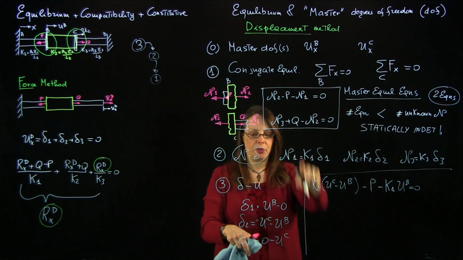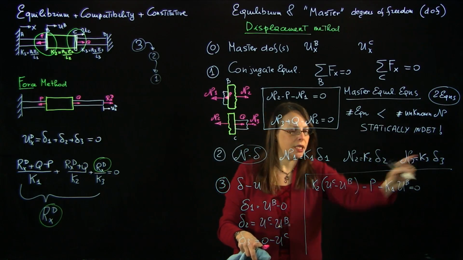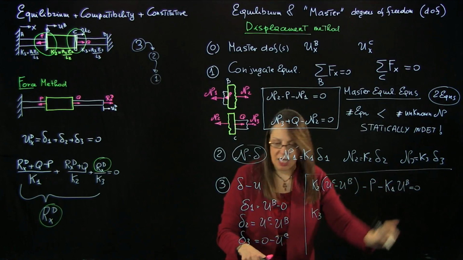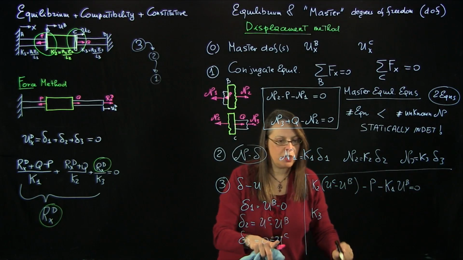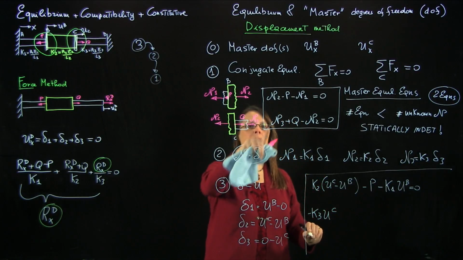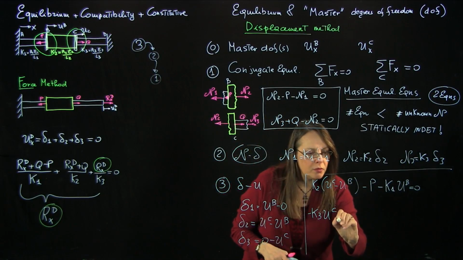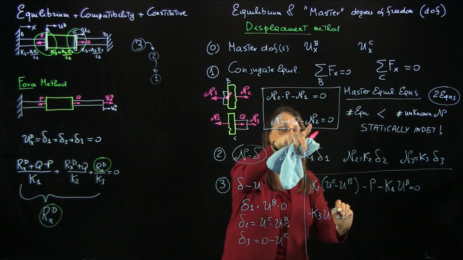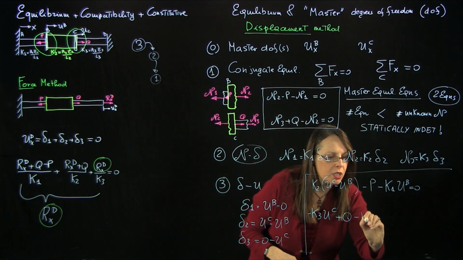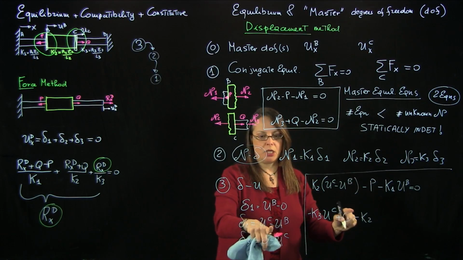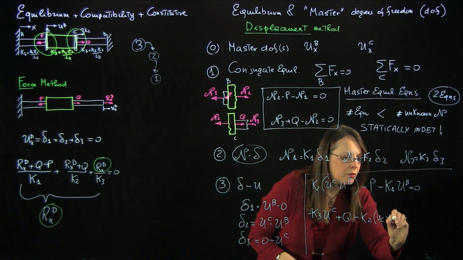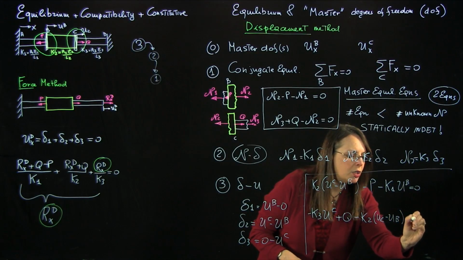And then I write N3. N3 is K3 delta 3. So K3 times delta 3, which is 0 minus UC, so is UC with a minus in front of it, plus Q minus N2. N2 is K2 delta 2, so minus K2, and delta 2 again is UC minus UB, equal to 0.